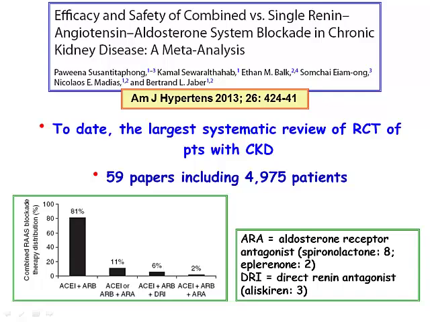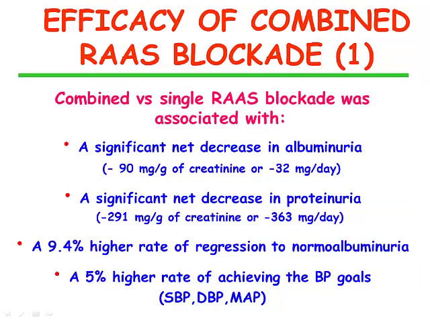Most combined therapy was based on ACE inhibitors plus ARB. 11% of studies included treatment with ACE inhibitors or ARB plus anti-aldosterone receptor, mainly spironolactone. 6% of studies included ACE inhibitors plus ARB plus aliskiren, which is a direct renin antagonist, while only 2% of studies included ACE inhibitors plus ARB plus aldosterone receptor antagonist. And what were the results of this impressive meta-analysis?